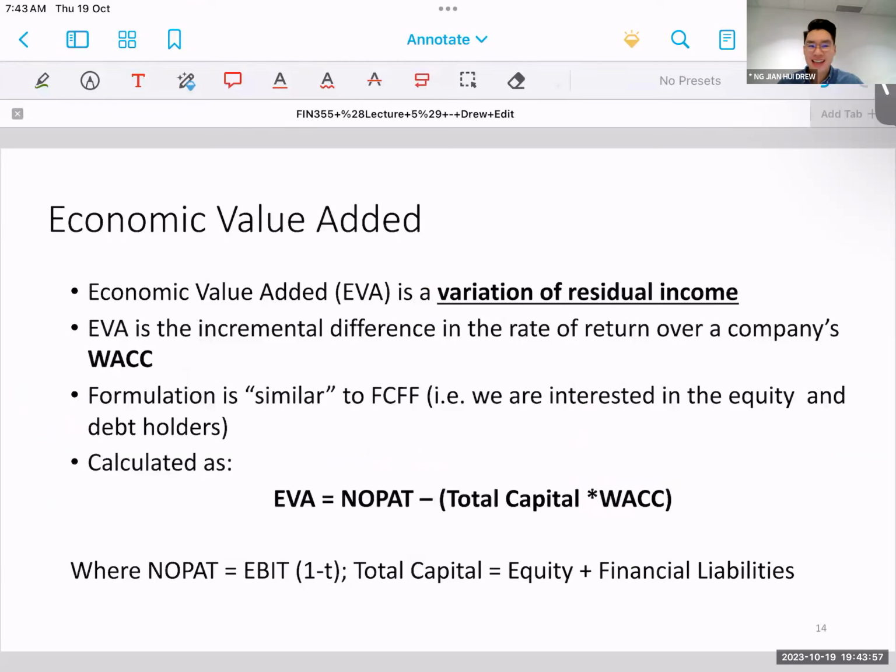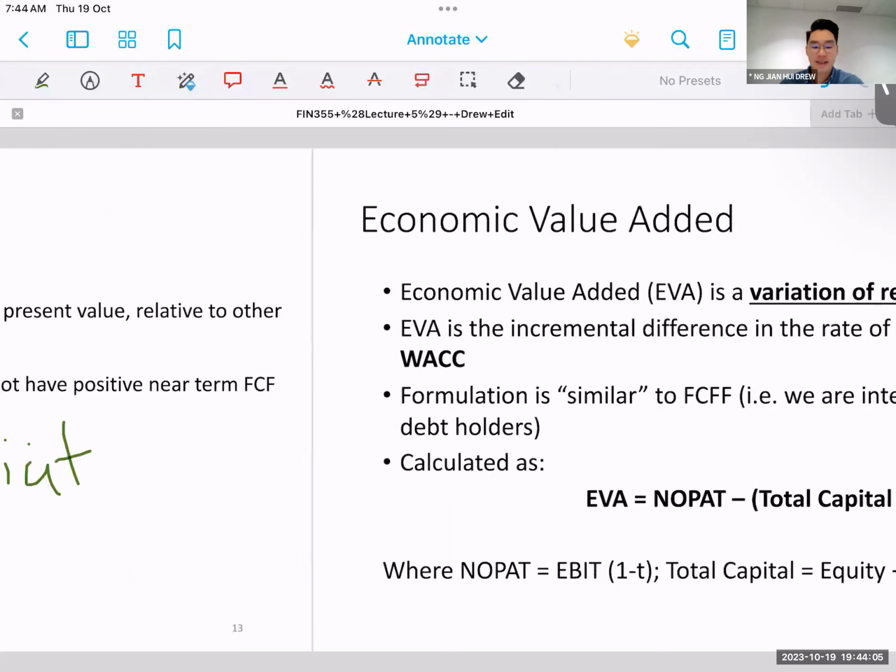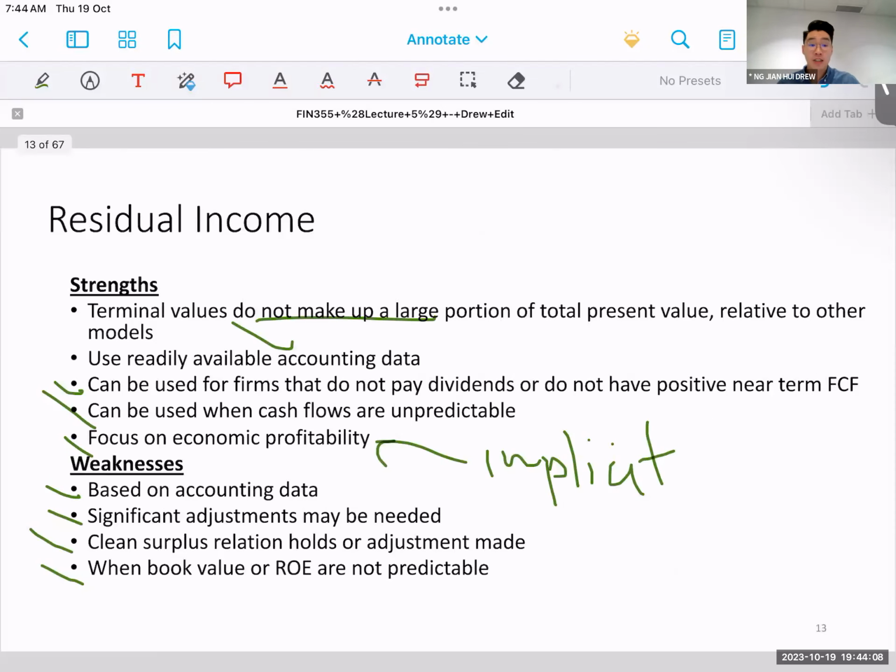This is just a side note. Why? Because as you have noticed, whenever we talk about finance in general, even in this case of residual income, we are very interested in the current numbers, and we always criticize things like, oh, the accounting numbers are not up to date, right? And it's kind of true.